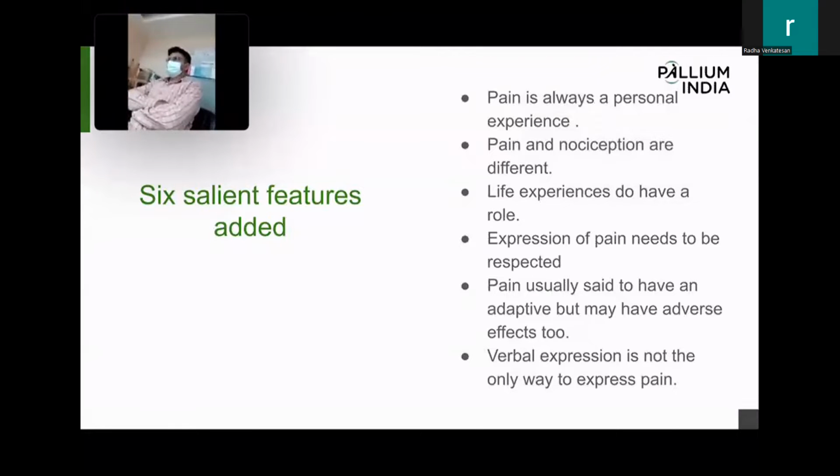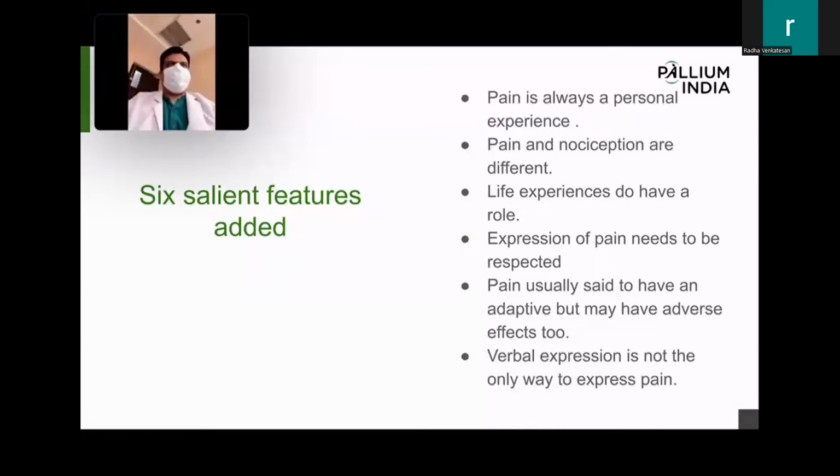Next, life experiences do have a role. When one person has that incidence of pain, what was that connected to? Were they in a very low mood or something like that? So every incident at the time of the pain happening has a role to play.